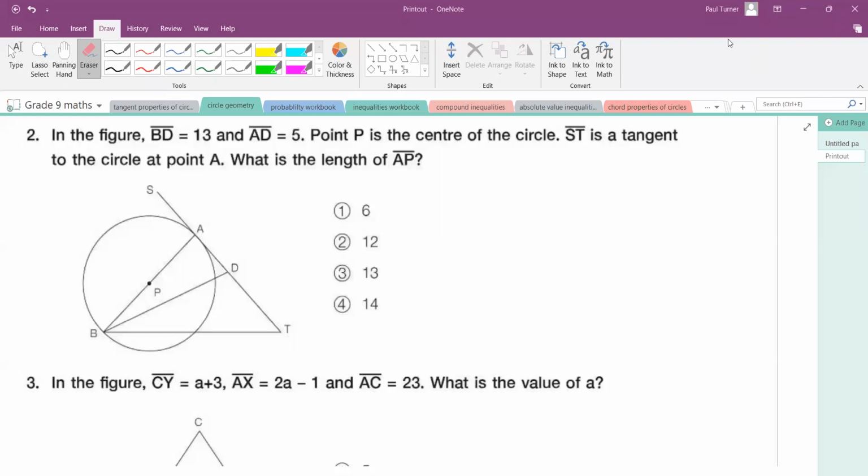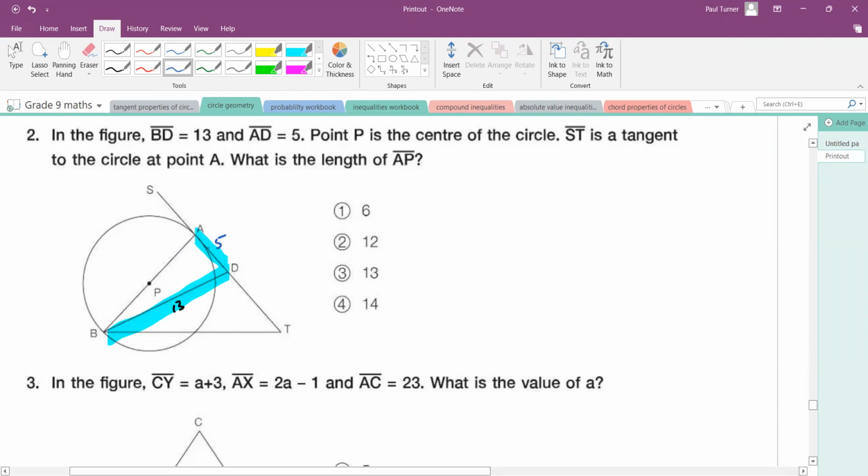So in question 2, we have a figure where BD is 13. So BD is 13, let's put that down. And AD is 5. So this is 5.